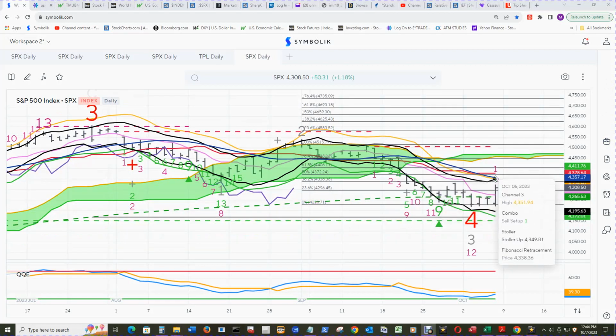And price did print the combo and sequential sell setup 1 count. And to negate that, for end of day on Monday, there must be a close below 4229.45 for the price flip back to the buy setup count 1. Keep going. We need the royal flush, meaning let's get the sell setup count 9 to print.